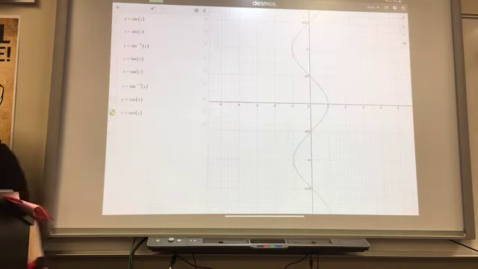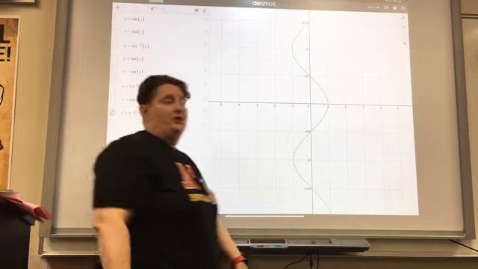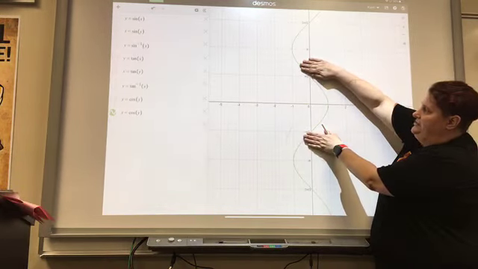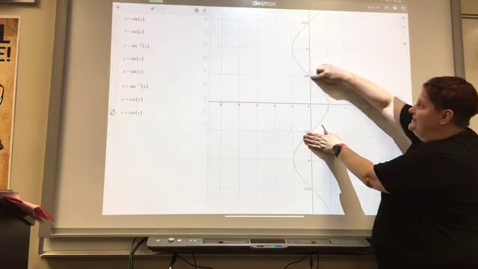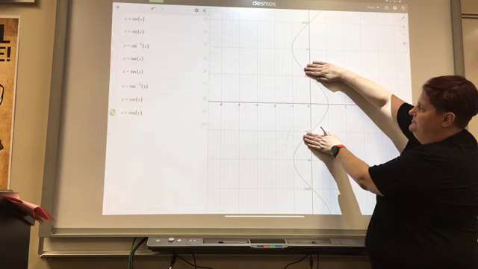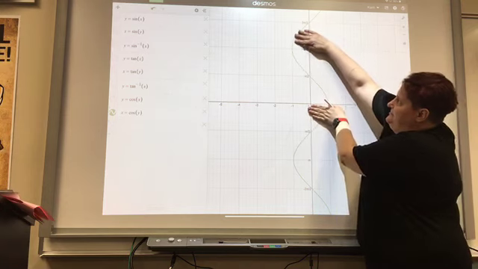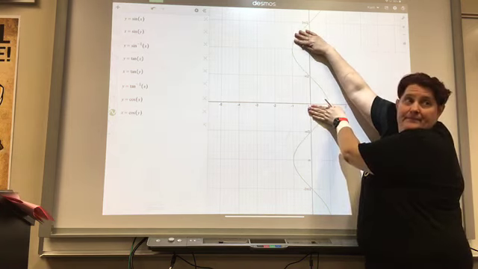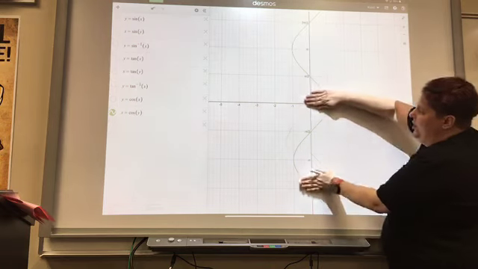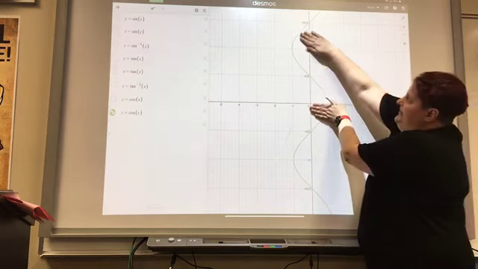With cosine, can I restrict cosine the same way I restricted sine and tangent? No, because then it's not a function. What makes the most sense? 0 to pi. That makes the most sense. You guys see that? Because it still keeps me in quadrant 1. It wouldn't make a whole lot of sense to go down here.